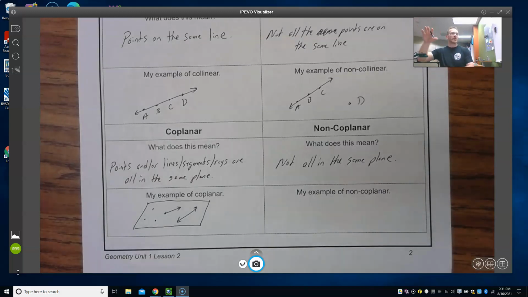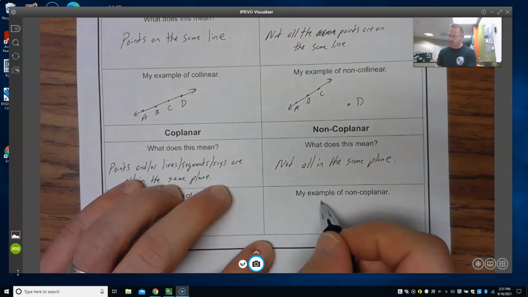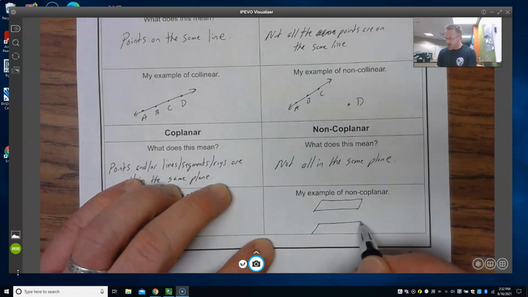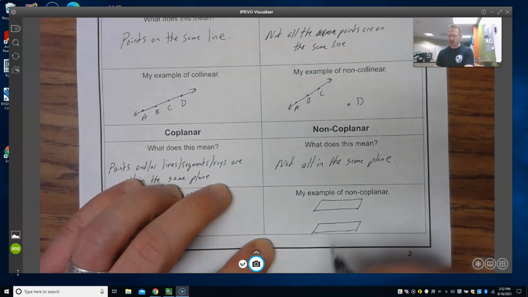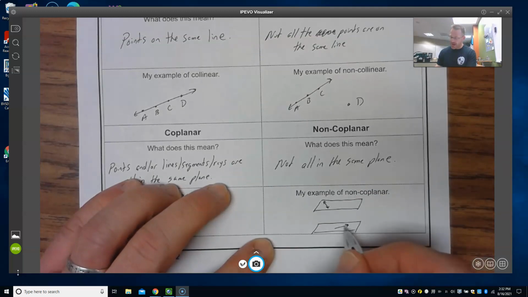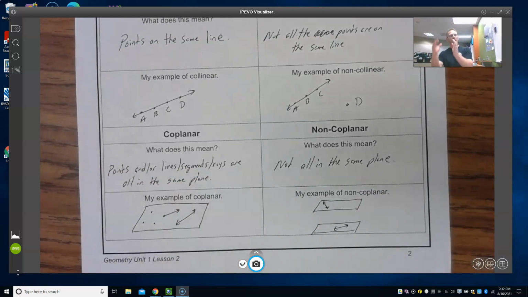Those aren't in the same plane. Or think about floors in a building. You might have multiple floors like that, and I might have this point in this plane and this line in that plane. And no matter which way I move it, I can't get them into the same plane.